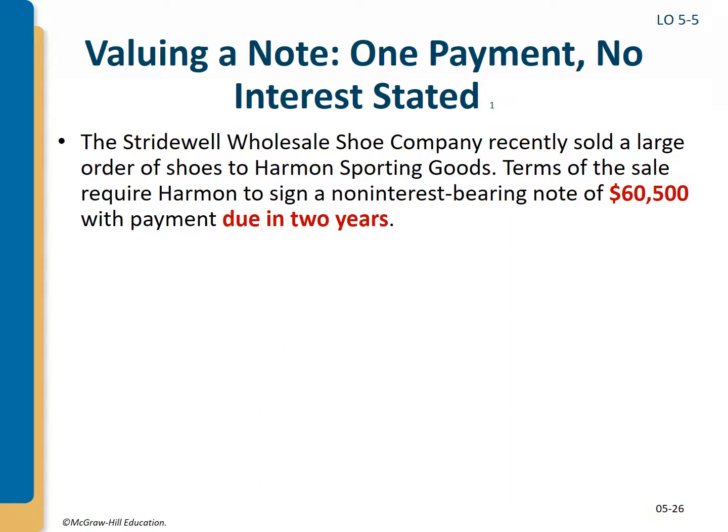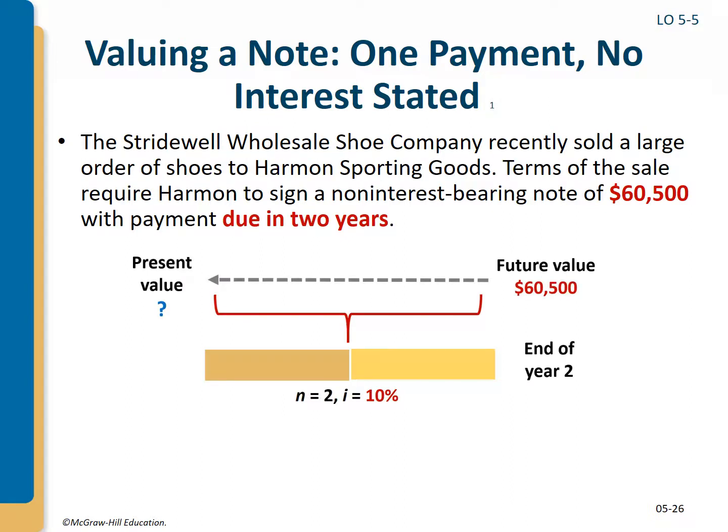We know it's due in 2 years. We know normal interest, and it should state here that interest on these types of notes is usually at 10%. So now we're going to go to our present value of one table, table 2, 10% interest, 2 periods.